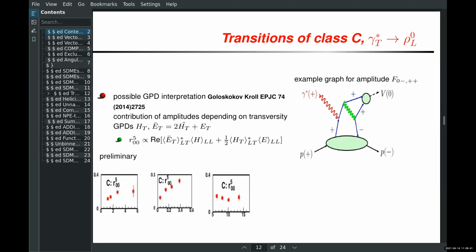I want to repeat this value from class C, r^5_00. You see the same relation.